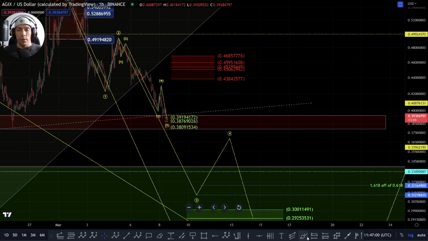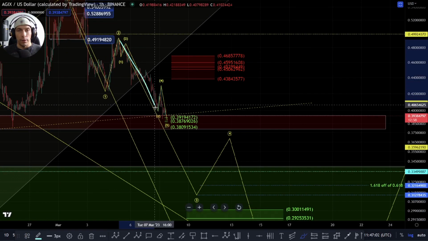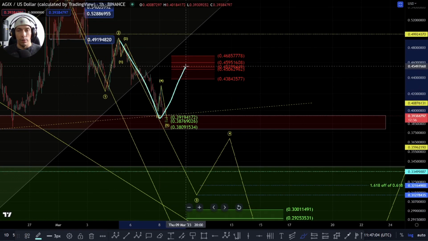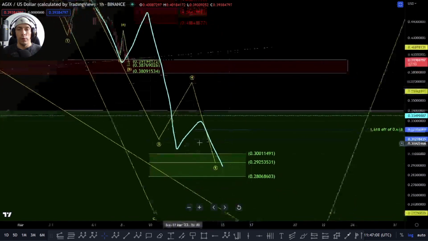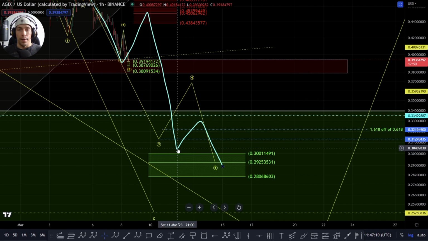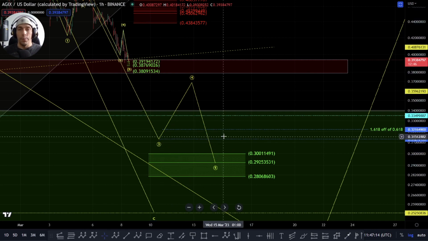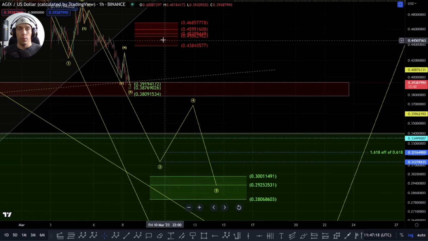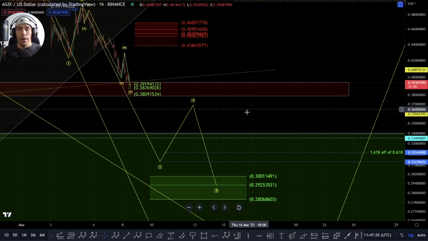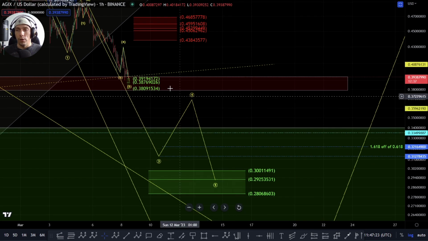The reason I'm saying this is because we could see something like this play out where we actually get this as another 1 and 2 in here. Then we get a deeper 3, 4, 5, which would look to push us potentially past this target zone for this wave 3 and potentially deeper here. So the 1.618 of this current move that we have off of this 0.618 line here would bring us down to this 3216.